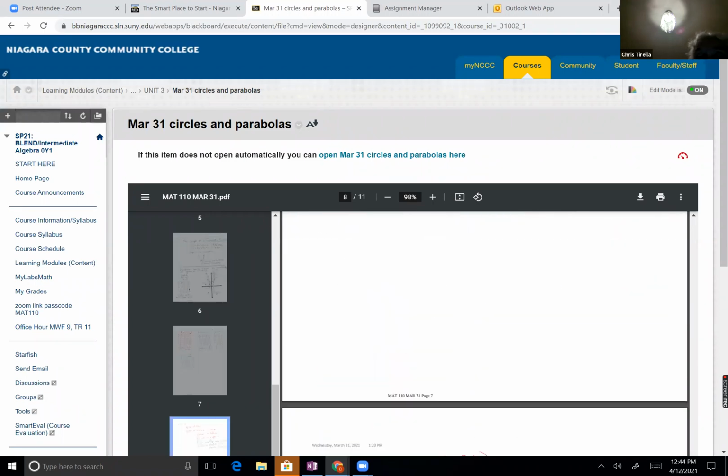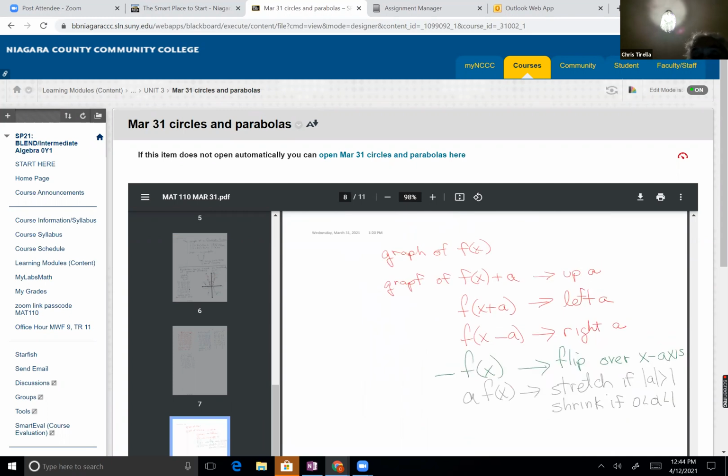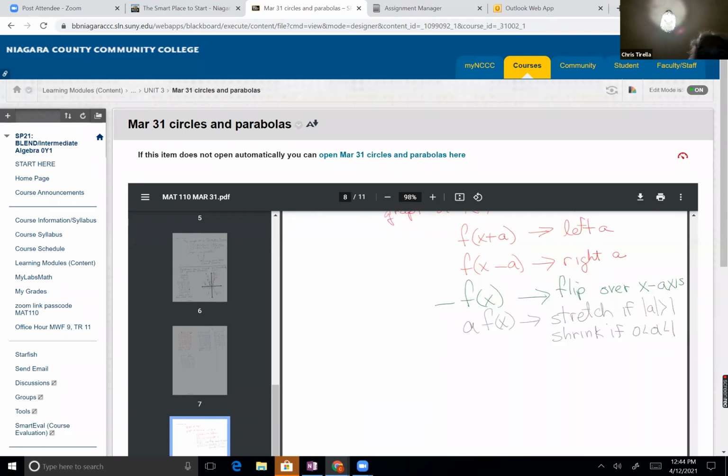I think we had said that if we added something at the end, we moved it up. If we added something in the parentheses, we moved it left. Subtracting is right. And if we multiplied by a negative, we flipped it over. And if we multiplied by a number out in front, it was a stretch if the absolute value of that number was bigger than 1, and a shrink if that number was between 0 and 1.